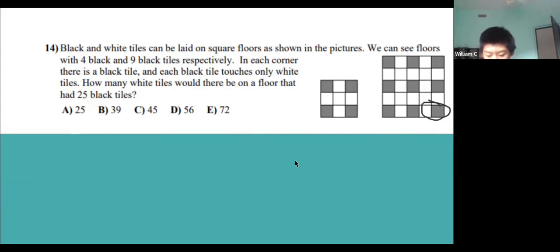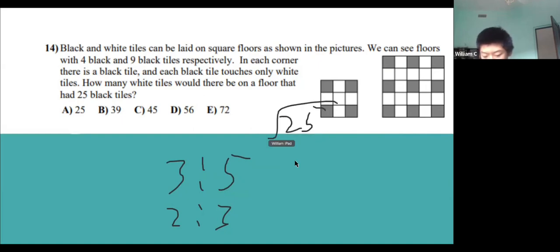Since 3 black tiles is 5 and 2 black tiles is 3, we can conclude that if we have 25 black tiles, the square root of that is 5. 5 can get you a side of 9.